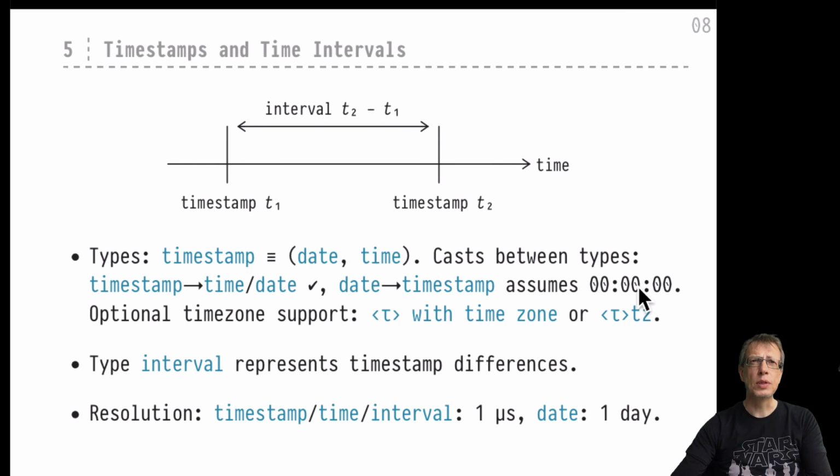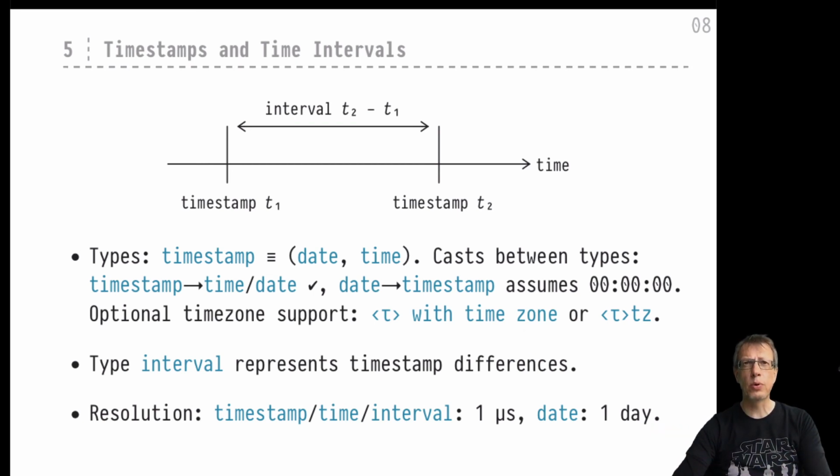And these time data types, timestamp, date, and time, each come with optional support for time zones. So if you take, for example, the data type time and put it here in place where I have the type variable tau, then a time with time zone is actually an internal representation inside the database system of a particular point in time that is aware of time zone support, which makes a difference if you compute the span, the interval between two times in different time zones, for example.